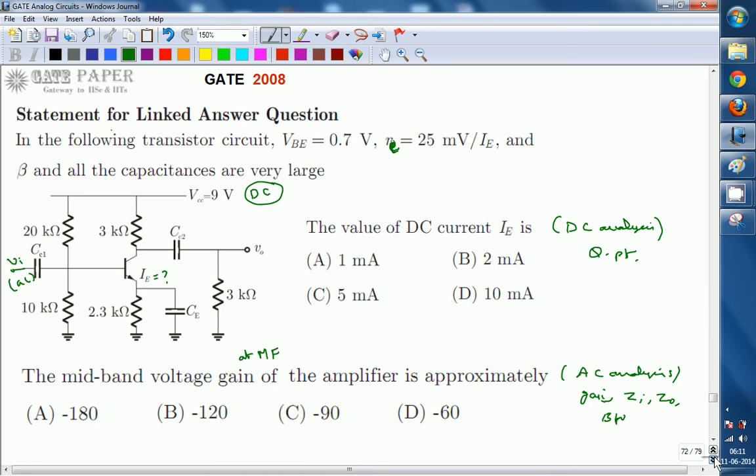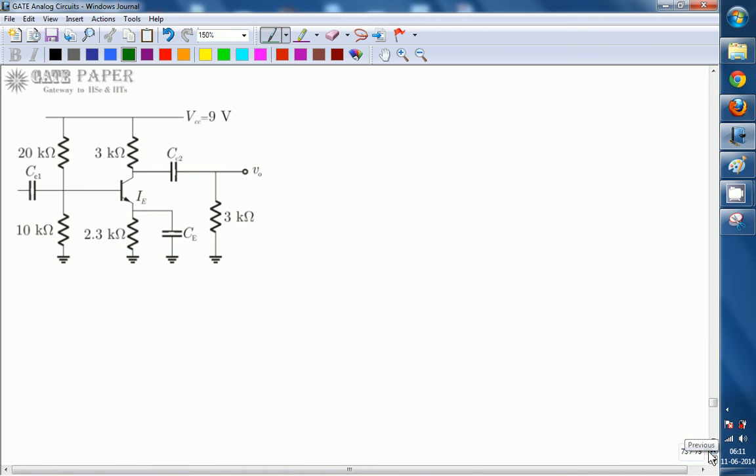This is the circuit given, and we are going with DC analysis, that is, only DC voltages. For DC, the frequency is 0, remember that.